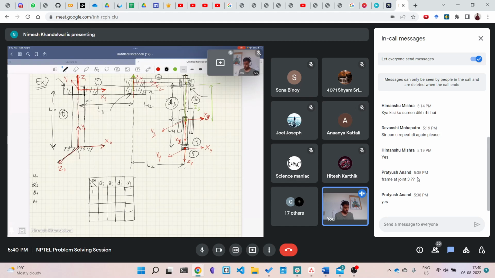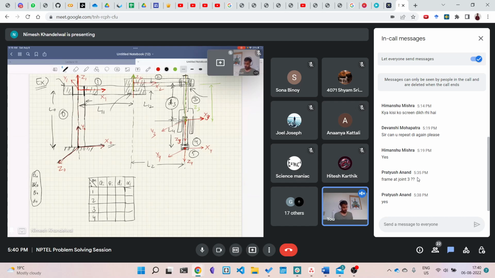But even if you attach a frame minus 1 here, there is no point in attaching it in any different orientation than frame 0. So you can say that the minus 1 frame is also coincident with frame 0. Therefore all these parameters will also be 0, so we directly start with link 1.